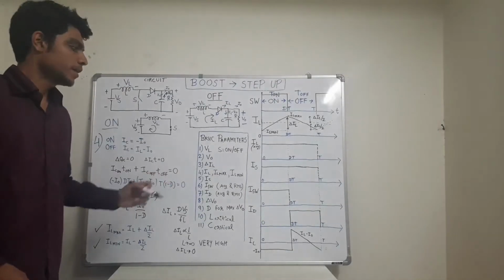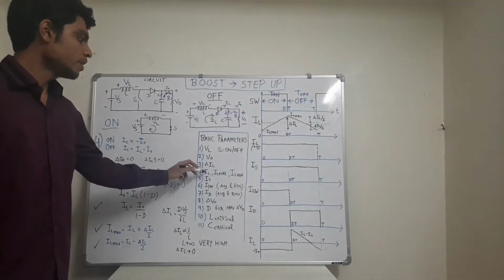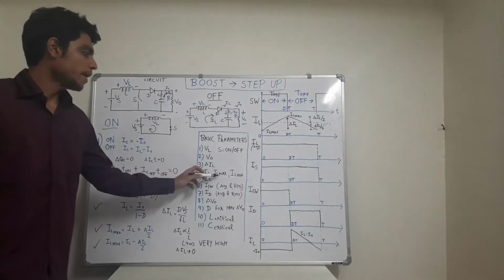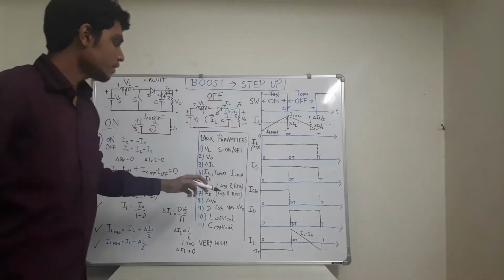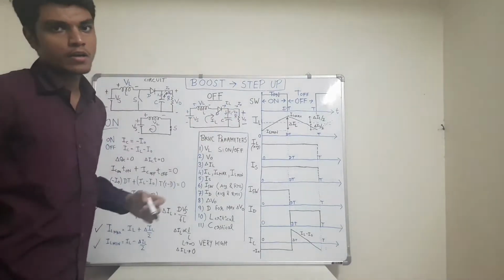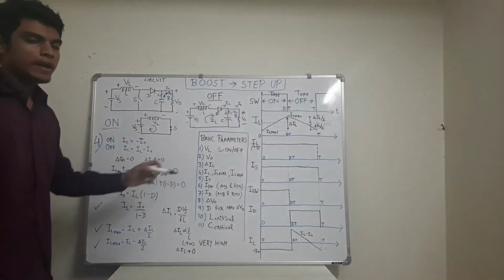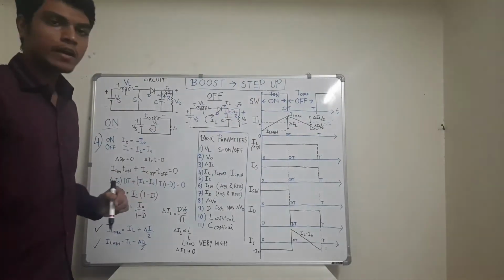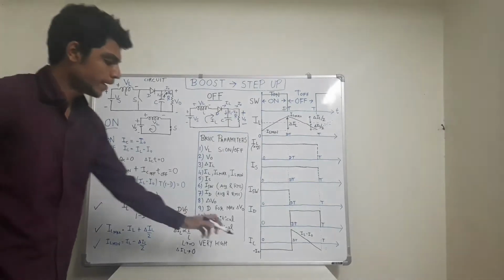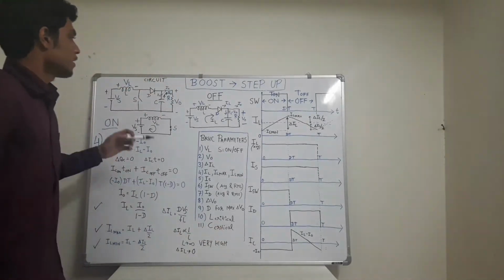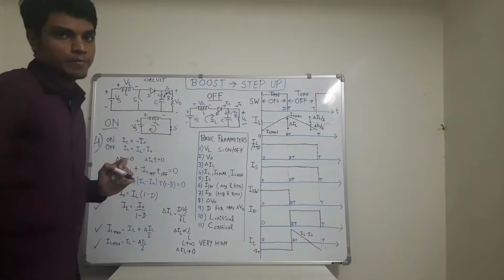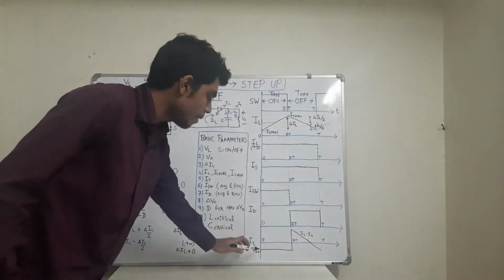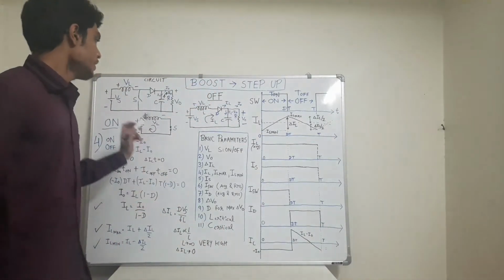The fourth parameter is the average value of inductor current, maximum value of inductor current and minimum value of inductor current. For deriving IL, we will use the capacitor current waveform, that is IC, for the on and off time. Let's look at what happens during the on time.